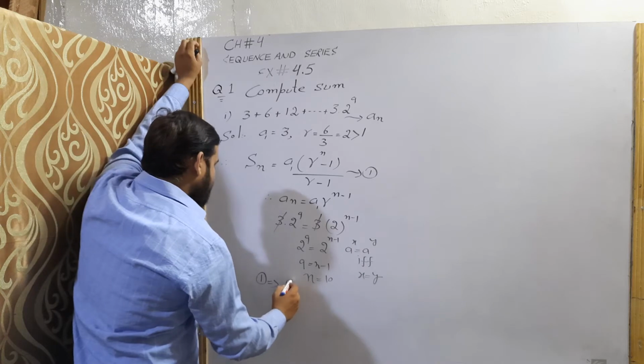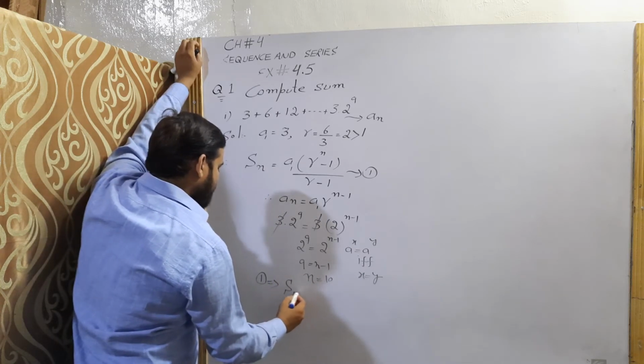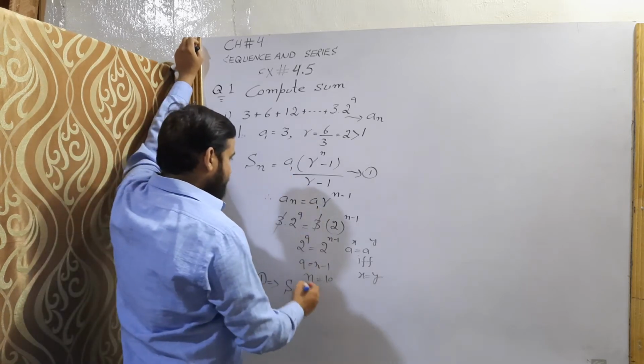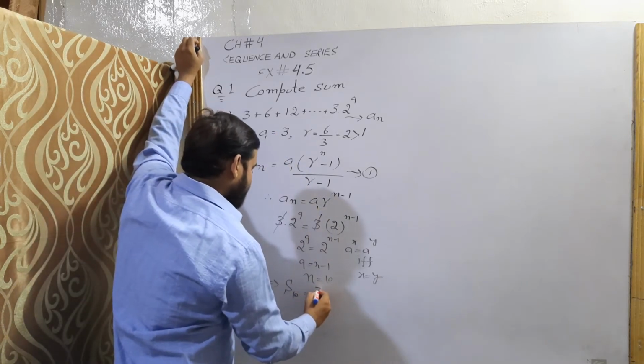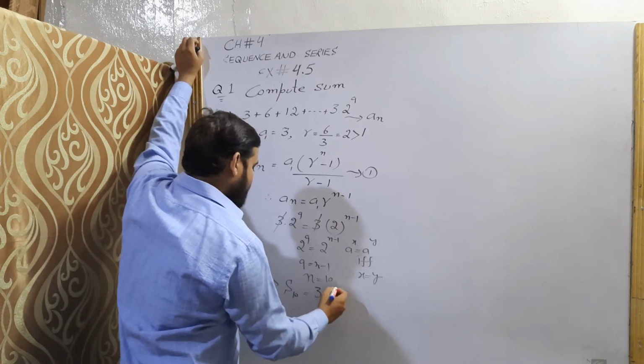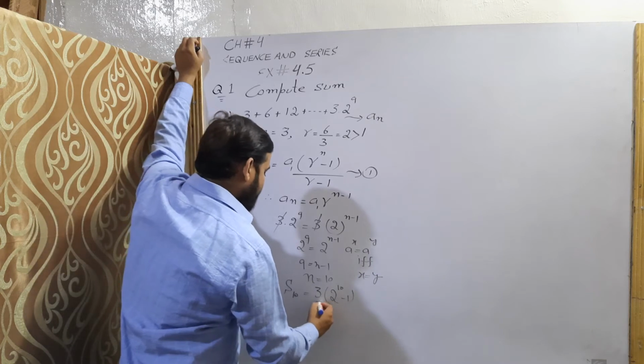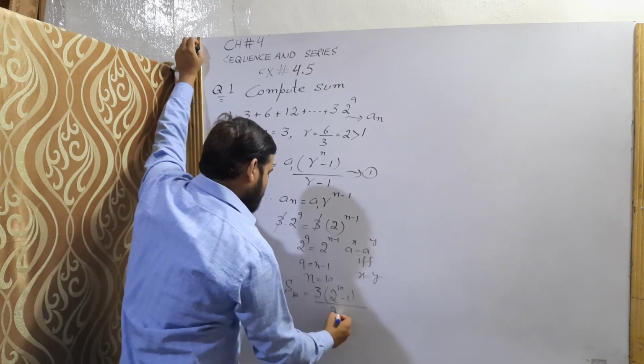So S10 is equal to a1 which is 3 into r which is 2, raised to n which is 10, minus 1, divided by r which is 2, minus 1.